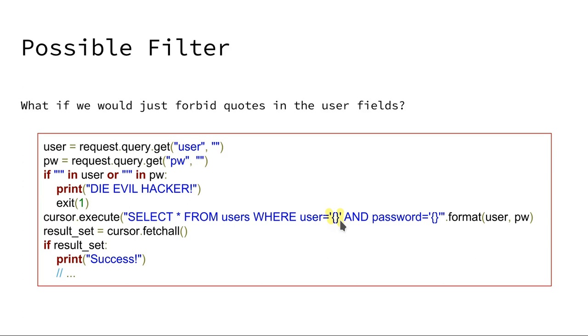If somebody wants to do an SQL injection, he would have to use quotation marks in his exploit, obviously. So if there's a quotation mark in user supplied input, we just exit the program and just don't pass it to the database.